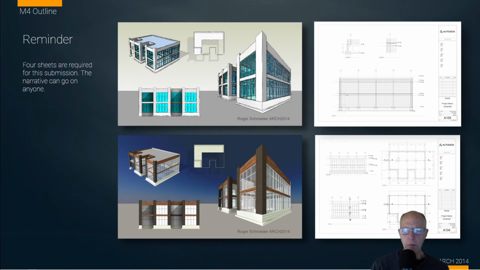So we're going to have 2 different rendering styles, and we're going to have 2 technical sheets that come along with it. And if you're having problems with rendering quality, this can be consistent colors if it needs to be. But I have my fingers crossed that you won't have any problems with rendering.